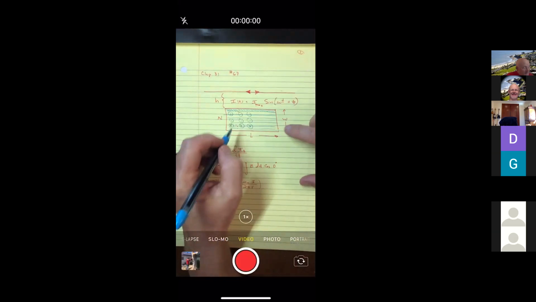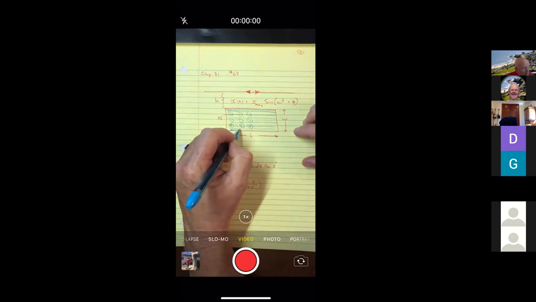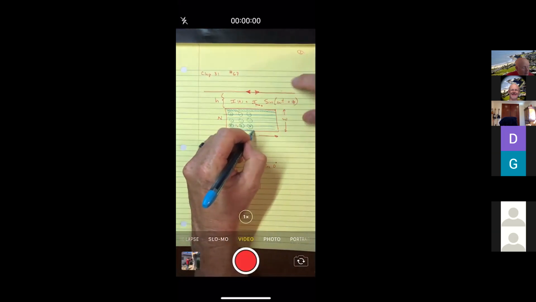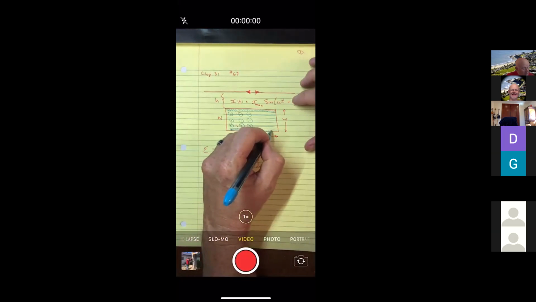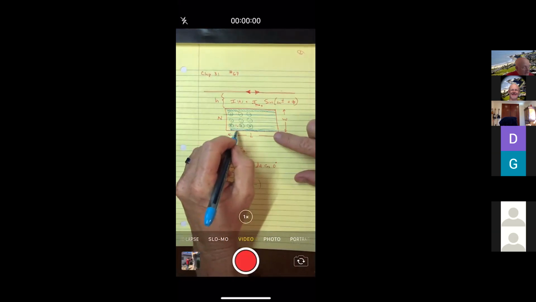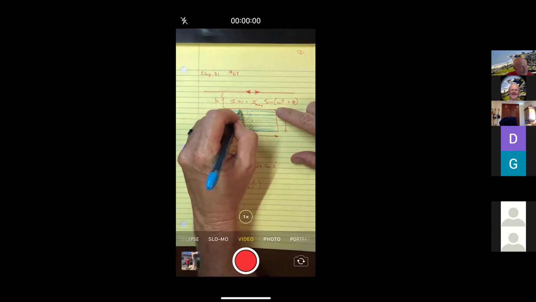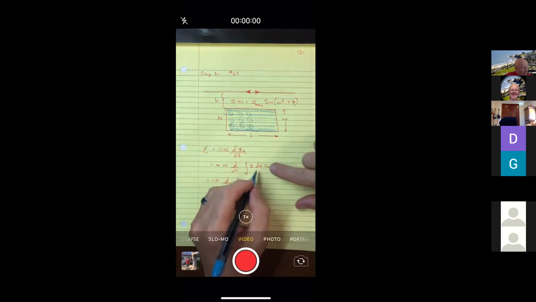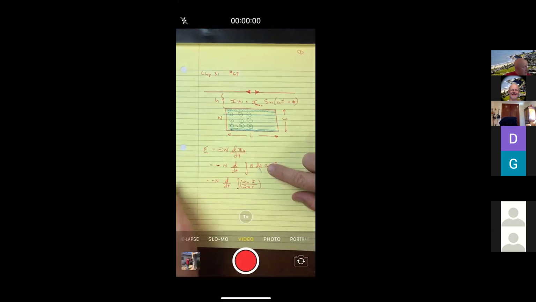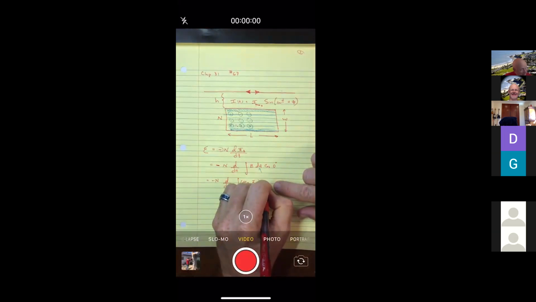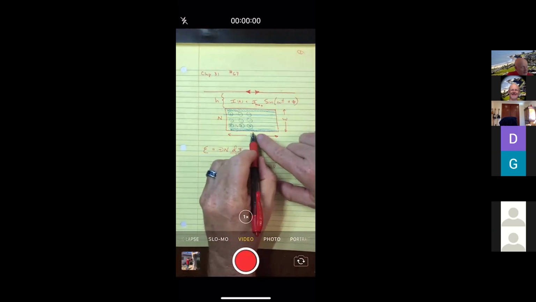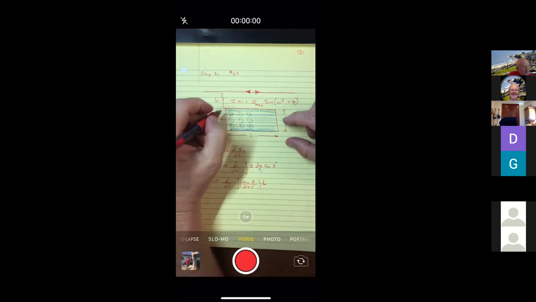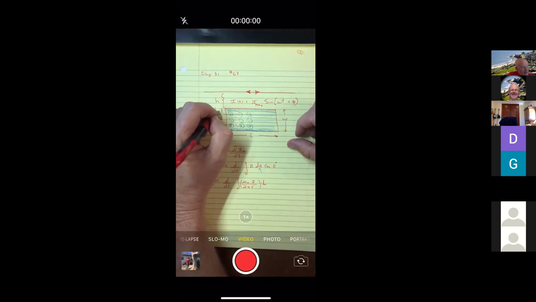Since the field gets weaker the further away we are from our primary wire, the flux in this last little strip would be less than the flux in the first one. But we can write the area of that strip as L, the length of it, times its thickness, and in terms of calculus, I'll call that a dr.